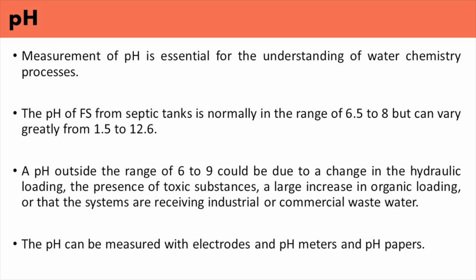This could result from a change in hydraulic loading and the presence of toxic substances, a large increase in organic loading, or that the systems are receiving industrial or commercial wastewater. The pH can be measured with electrodes, by pH meters and by pH papers.